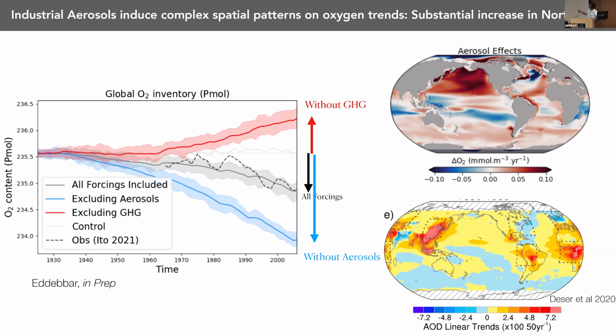I hypothesize that it has to do with the spatial heterogeneity in aerosol distributions, whereby most of the aerosols are emitted from Asia and North America, some from biomass burning in the South American and African continents, that imprint on the oxygen content because of the short residence time scale of aerosols in the troposphere.